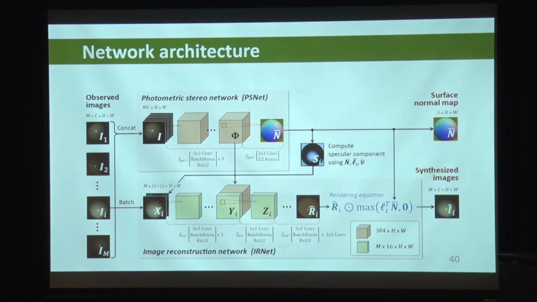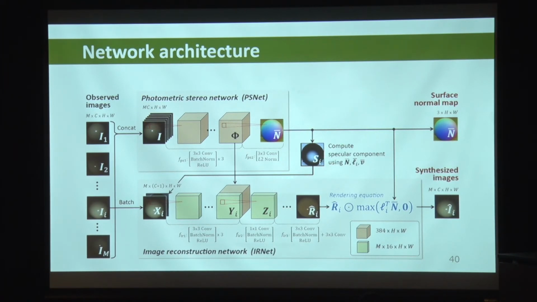Usually there is a very important vector, sometimes called H, which is the bisector of the lighting and viewing directions. If you calculate the angle of that vector with your surface normal, you will probably have a large probability of finding where the highly specular areas are located. So this is what they compute as the specular component.